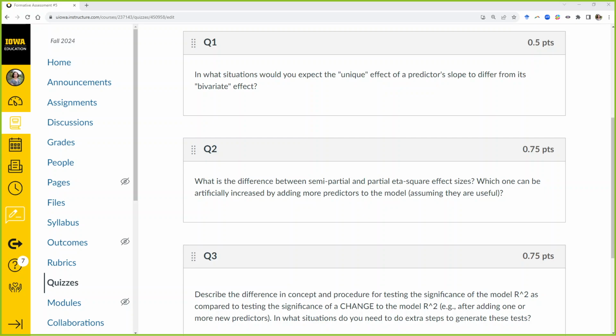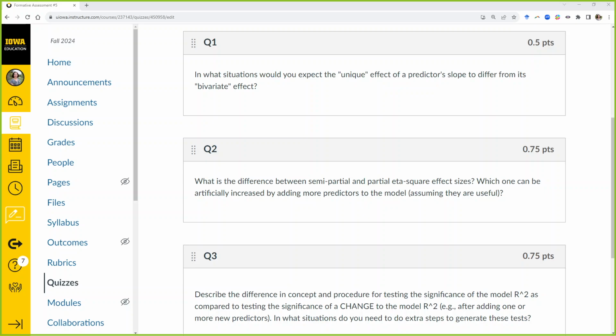But if you're actually a social scientist with a theory-driven research question, and you're including people's favorite color to determine how many classes they're going to take or what their graduation rate is across a university, you're just chasing that R squared, right? You're throwing the kitchen sink, as some people call it, at the model, and you're going to be able to cheat that partial eta square, whereas you're not going to be able to cheat the semi-partial eta square by adding more predictors to the model.